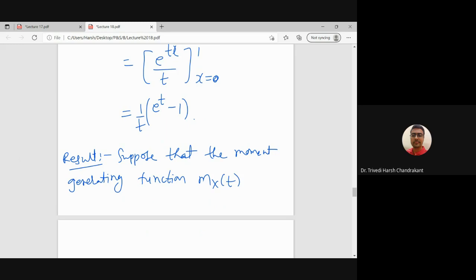That is the summation k running from 0 to infinity of t^k divided by k factorial times the coefficients. What is the coefficient? The coefficient is the kth derivative at 0. We are expanding at 0.